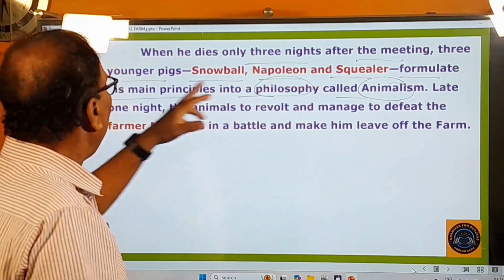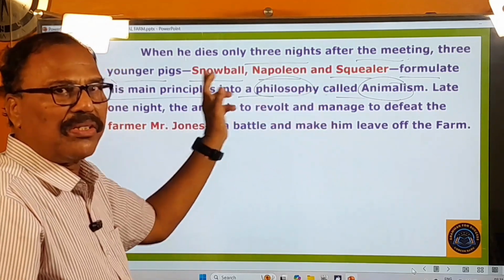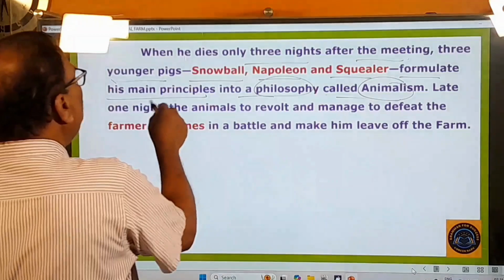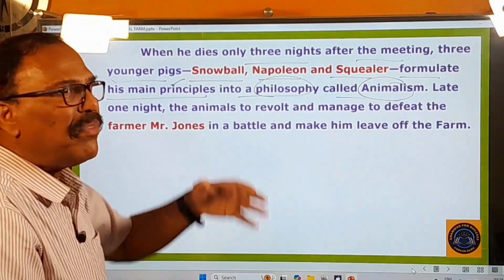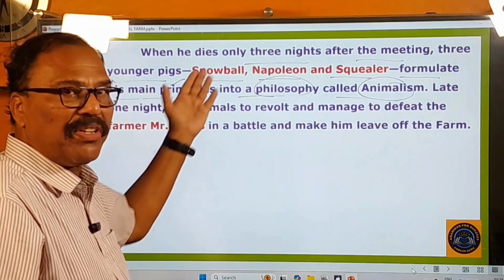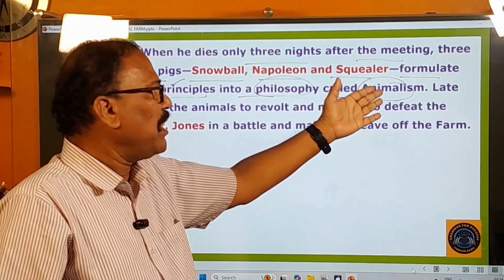And 3 younger pigs, Snowball, Napoleon and Squealer, formulate his main principles. From the speech of that Old Major, the main principles are turned into a philosophy that is called animalism.